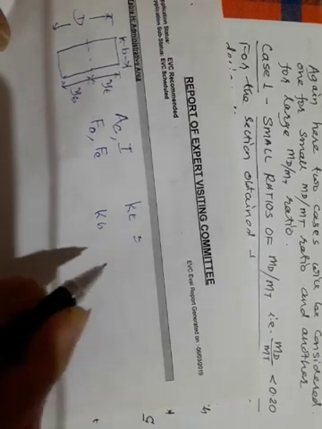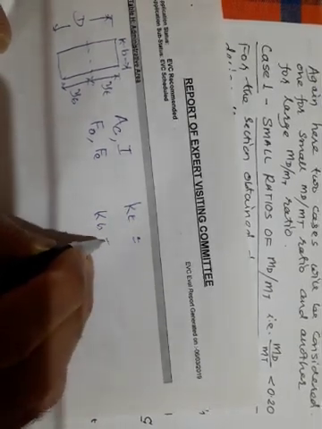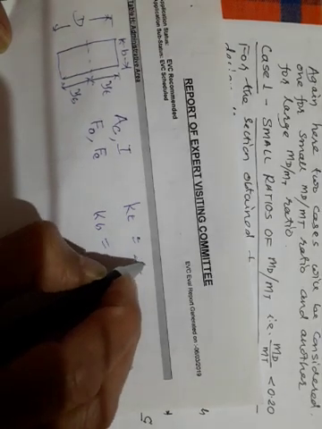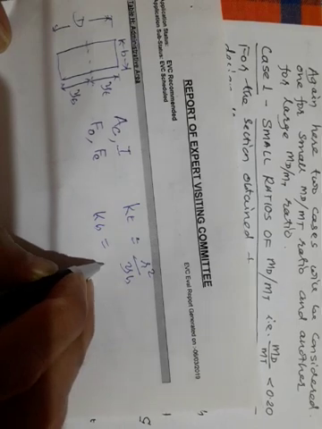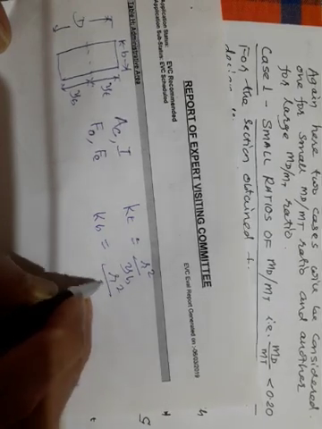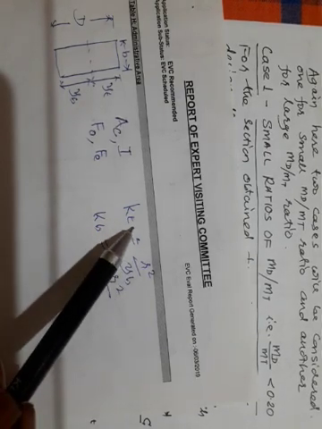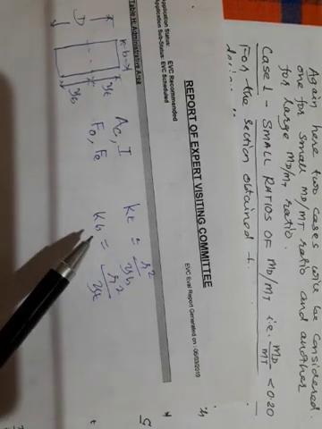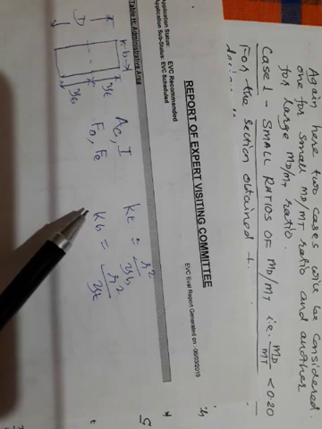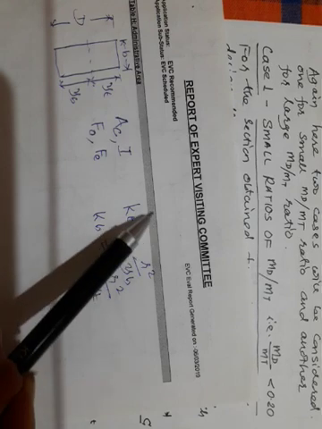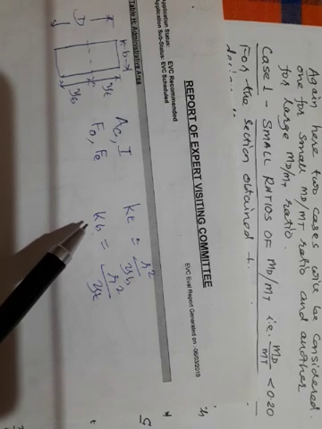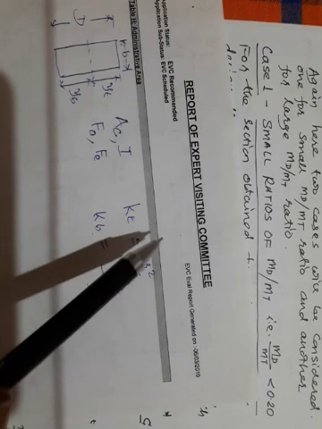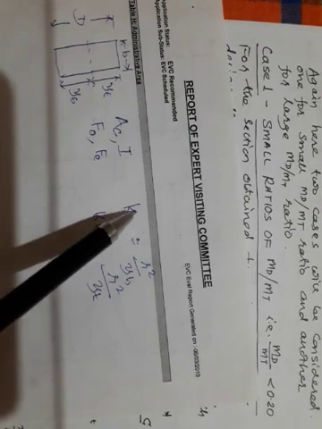Because your KT and KB values can be written as R square by YB, and this is R square by YT. These are the two equations. It is the upper kern distance KT and this is your bottom kern distance KB. About these kern points KT and KB I have already discussed with you in my last chapter itself, so please refer to it.